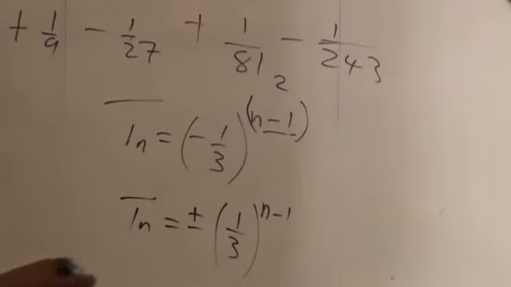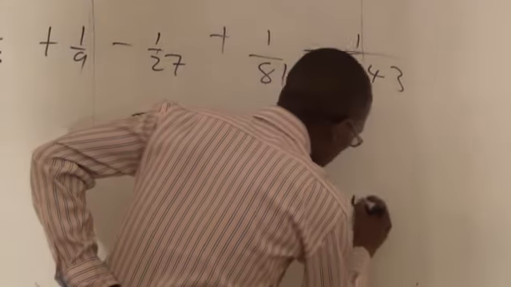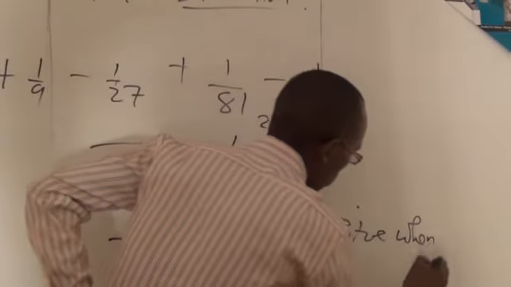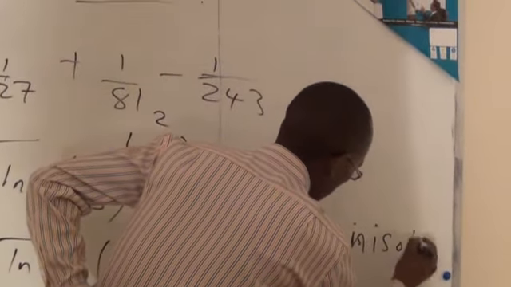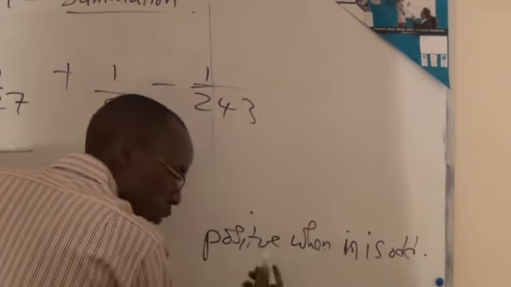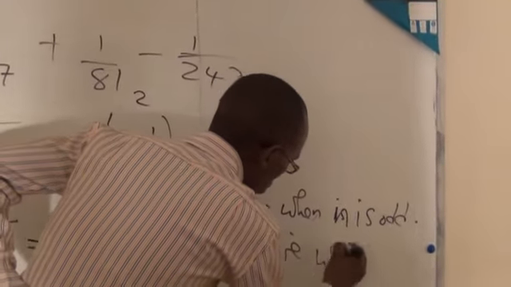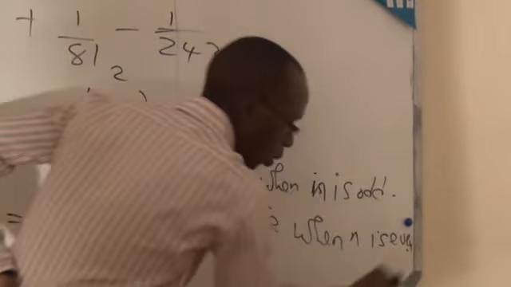And we state one special condition. It will be positive when n is odd. I'll explain why. And also write that it will be negative when n is even.